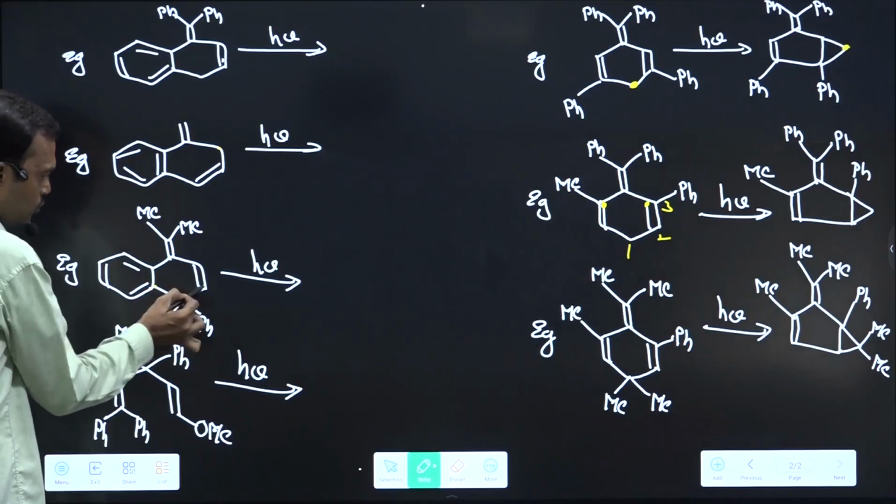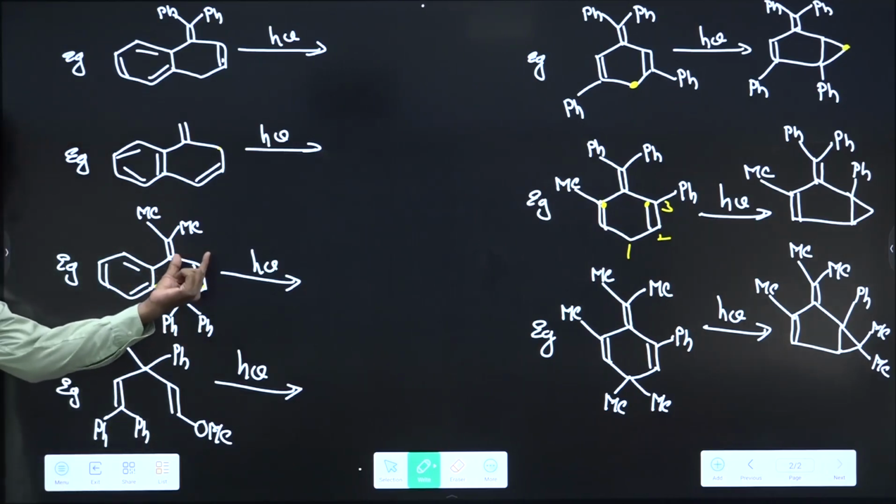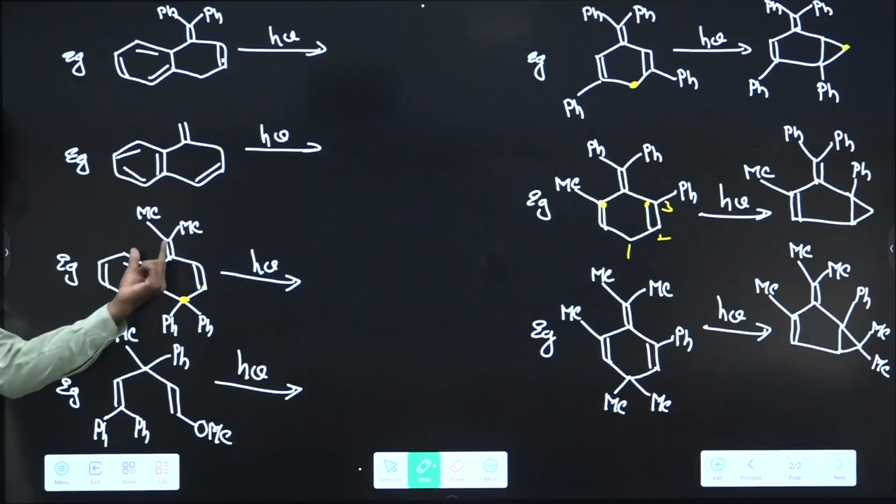So these two are inner. First you join these two. Inner you need to join. Then break right side or left side wherever you get aromaticity.